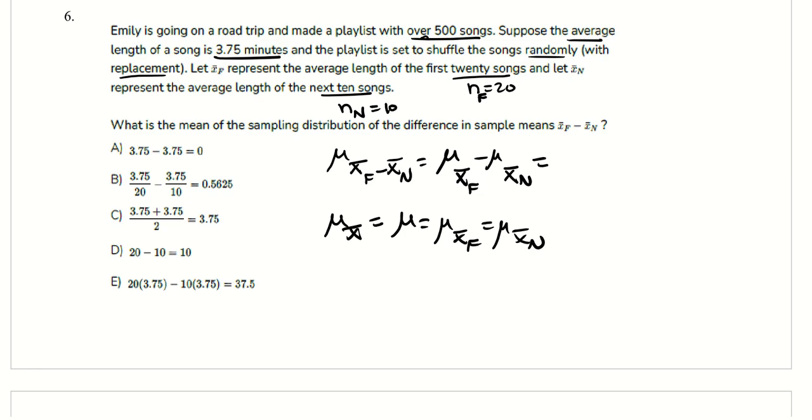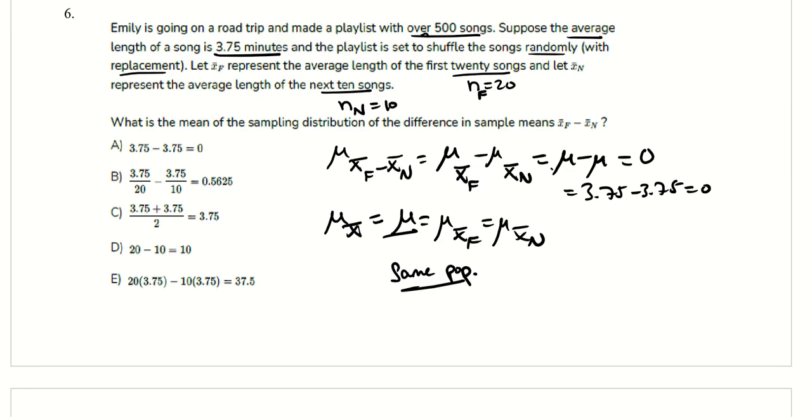It's still the same population, okay? So it's not like it's a different population or anything like that. Different sample size, yes, but it's the same playlist, same stuff. So it's going to be mu. So that means it's going to be mu minus mu, which is going to be 0. So it's going to be 3.75 minus 3.75, basically, equals 0. Okay? Hopefully that made sense. So it's going to be A. Okay.